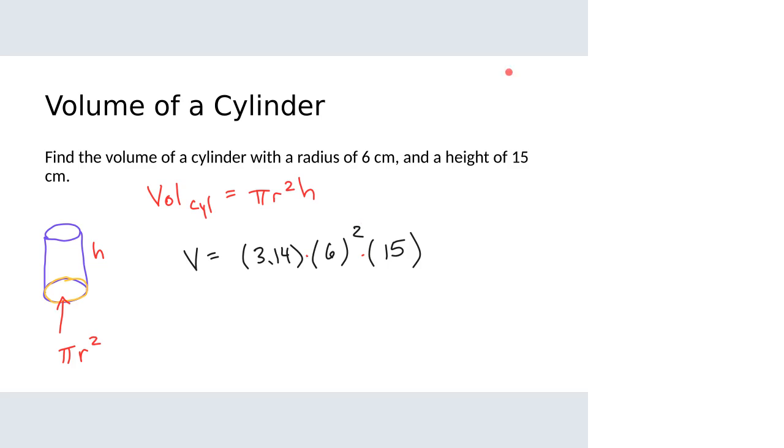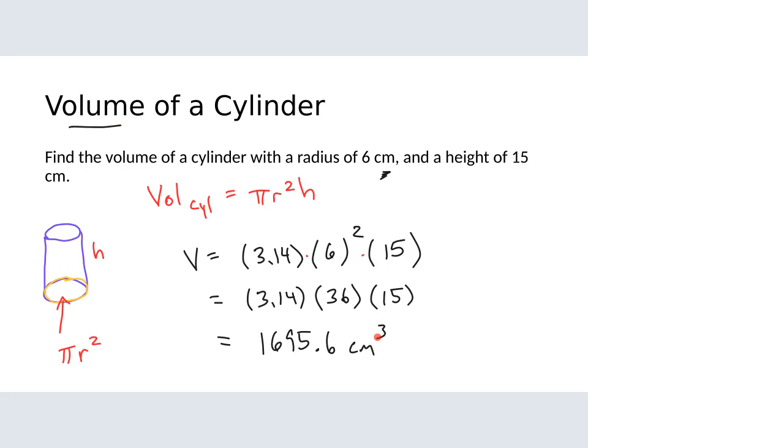So the first thing we're going to do is raise 6 to the second power, and we'll have 3.14 times 36 times 15. Now we just need to multiply all those together. So the volume of this cylinder would be 1,695.6. These are centimeters, and it's volume, so they are cubic centimeters.